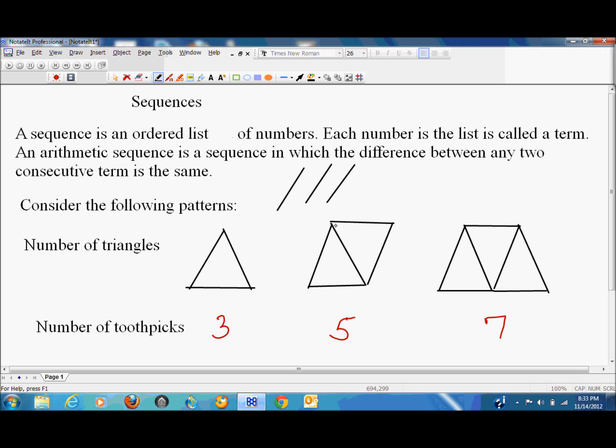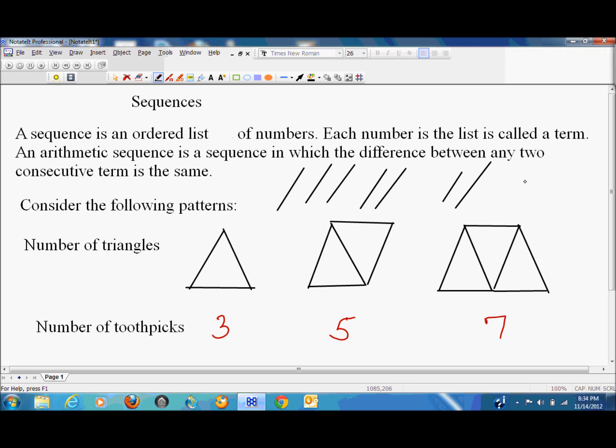If I wanted to create another triangle, all I need is 2 more toothpicks. That makes sense, right? That one stays there, so you're just connecting that one there and that one there. Now, if I wanted to create 3 triangles, all I need is 2 more toothpicks.